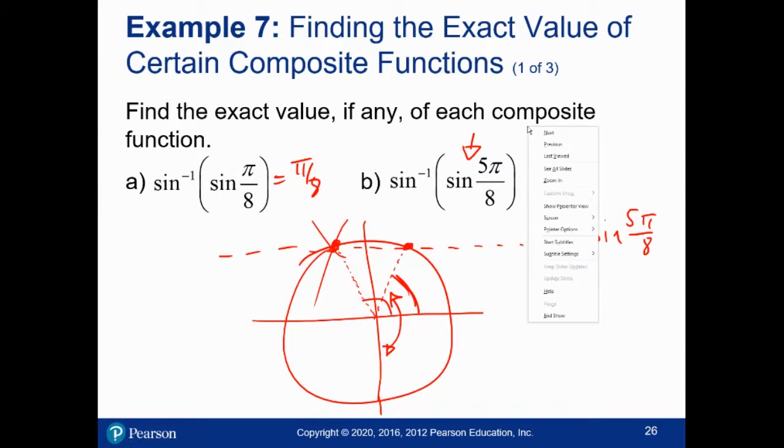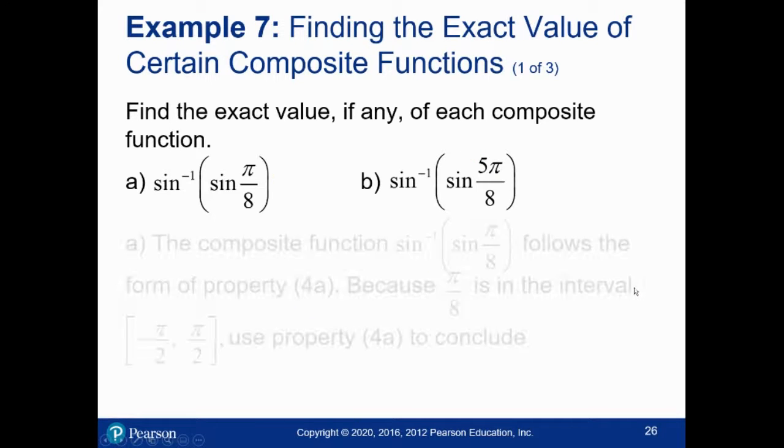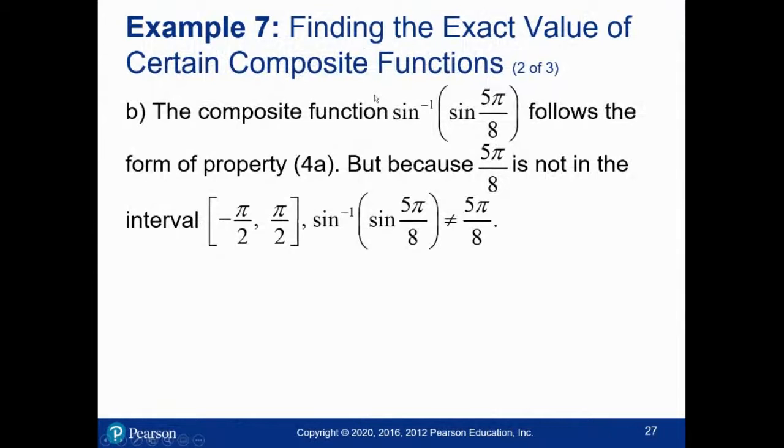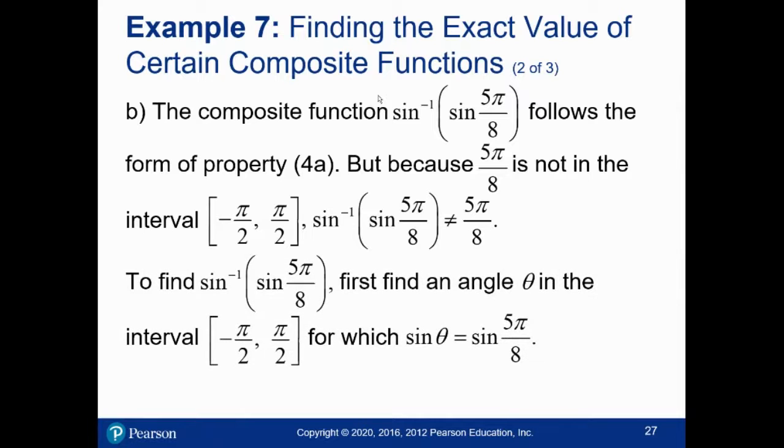Okay, so I'm going to clear off my picture because the book is going to explain this using nice pre-typed stuff. We already did part A, so there's part A again. So for part B, 5π/8 is too big. So I can't just say the arcsine of sine of 5π/8 is 5π/8.